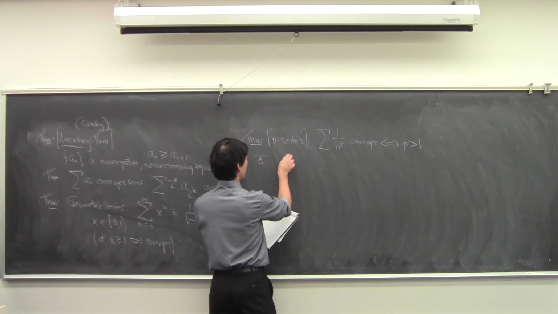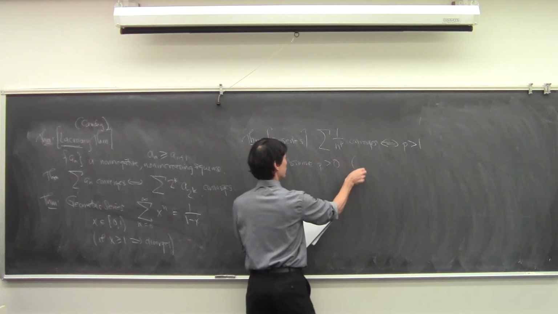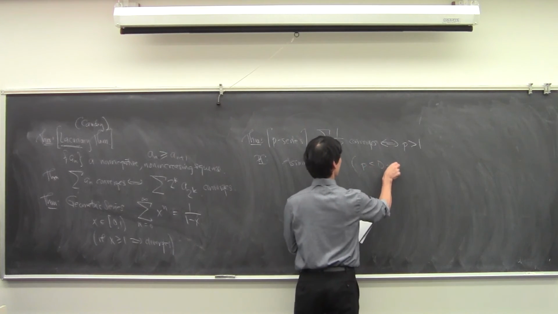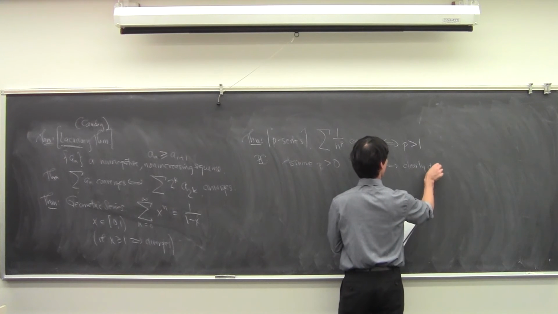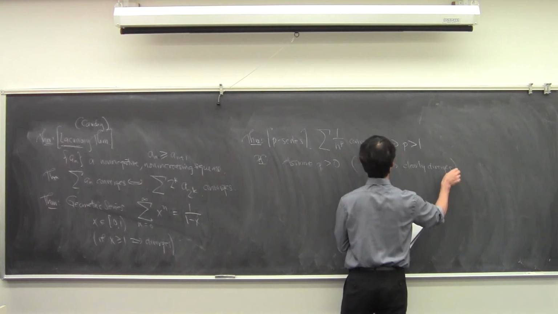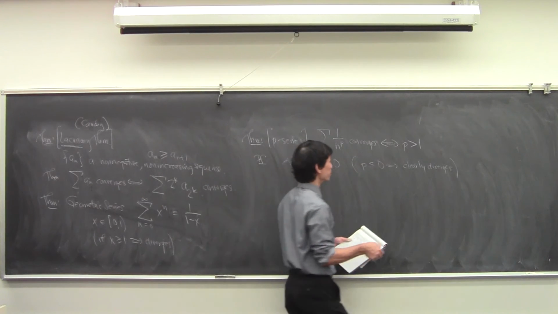So I assume that p is bigger than 0, because if p is less than 0, then it clearly diverges. It would diverge by the nth term test.